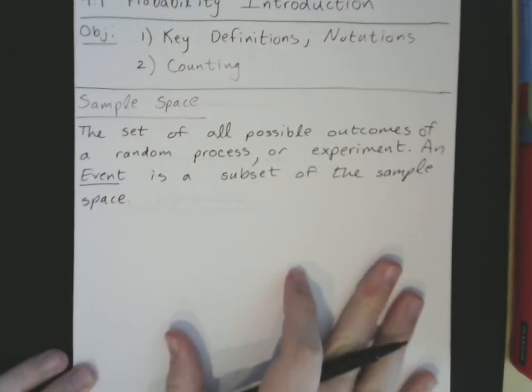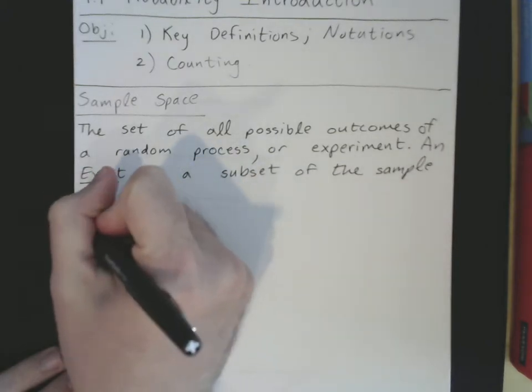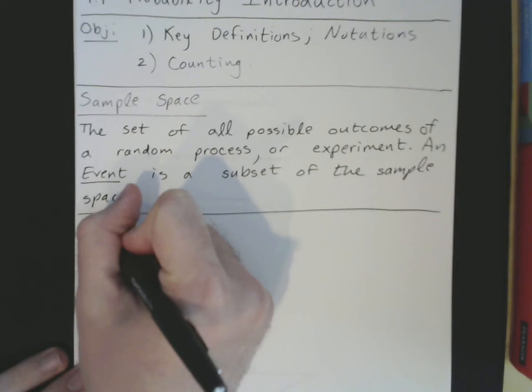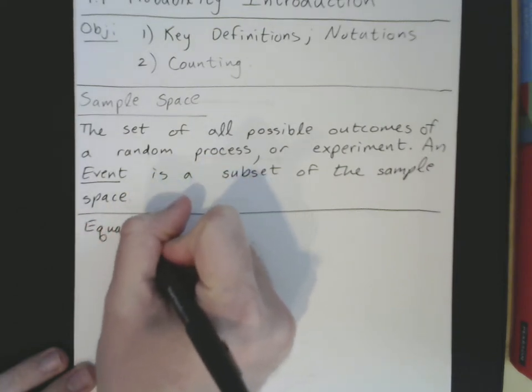Now, with sample spaces and events, our next definition is equally likely probabilities.